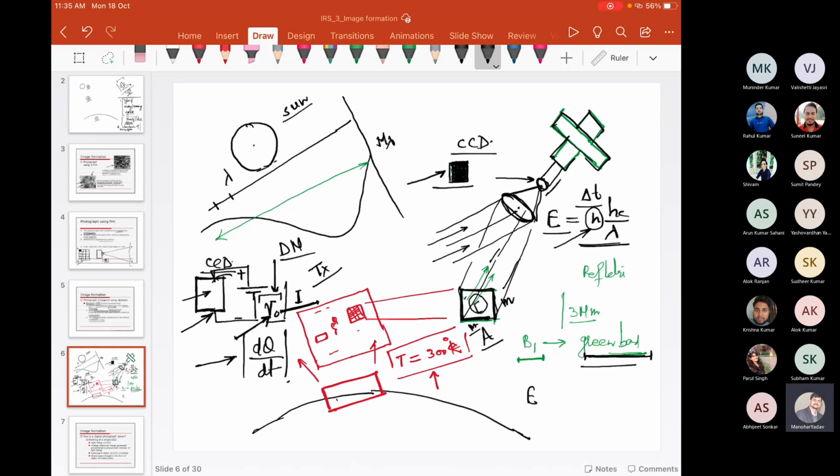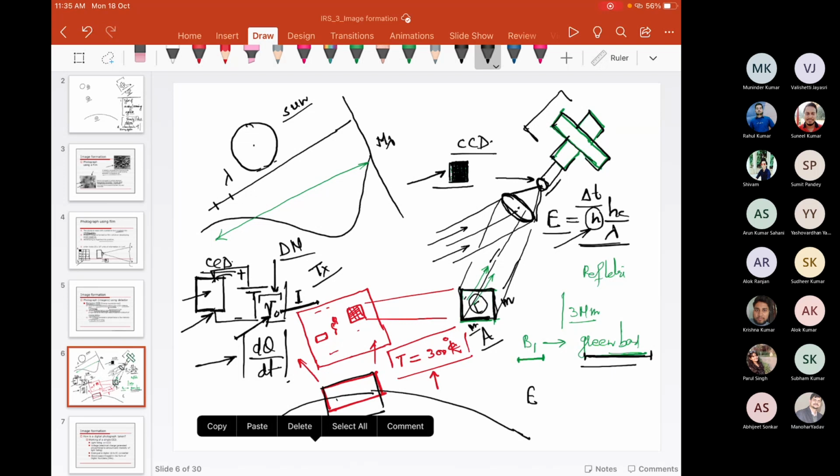Now this earth surface is continuously seen by the satellite based sensors. These sensors divide the area that is seen into grid cells, and each cell is sensed for a particular time delta t.